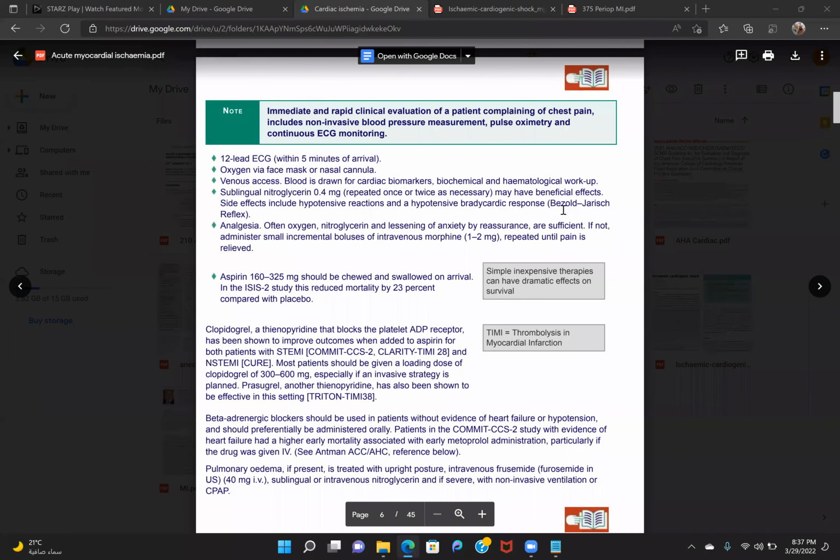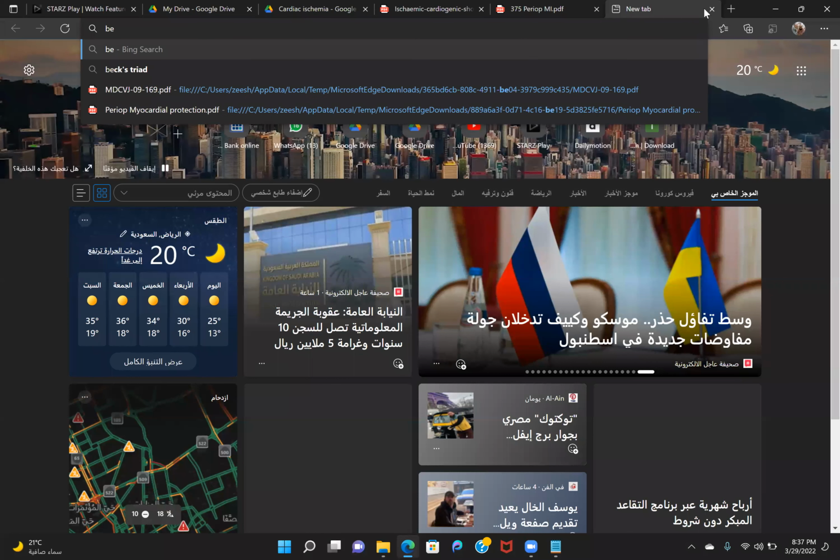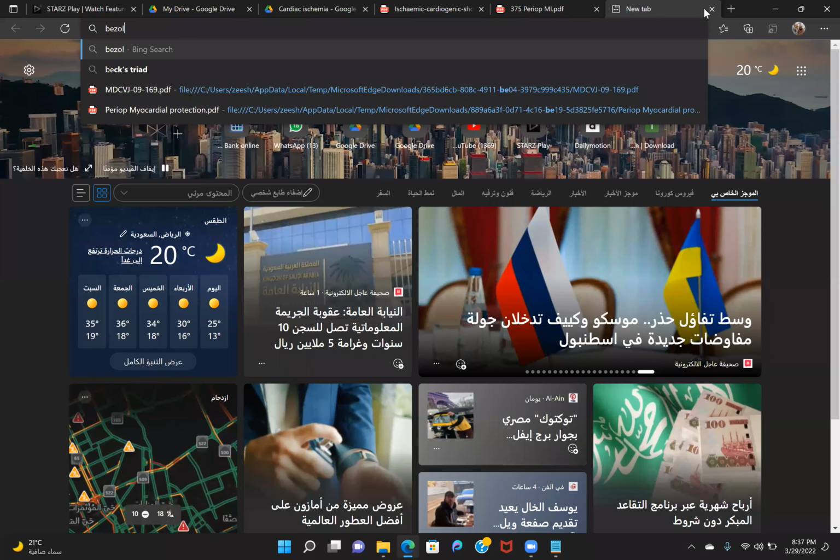Does anyone know about the Bezold-Jarisch reflex? What is the Bezold-Jarisch reflex? Actually, it is related to inspiration. With inspiration, there is a change in the heart rate, and it causes some arrhythmic changes. I don't remember it properly.